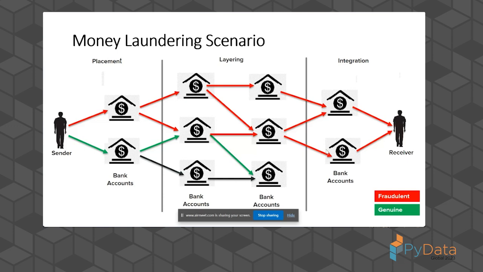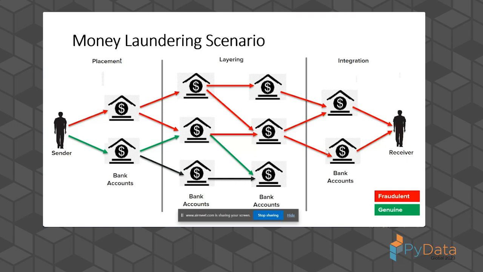Then after multiple bank accounts, there will be a series of transactions, and it goes through a sequence of bank accounts again. Now on this slide, you can see that there are some transactions highlighted in red arrows, some in green arrows. For understanding purposes, green arrows mean a legitimate transaction, red arrows mean an illegitimate or fraudulent transaction.